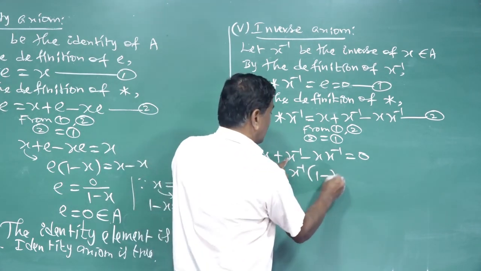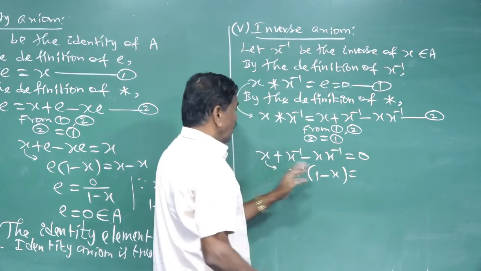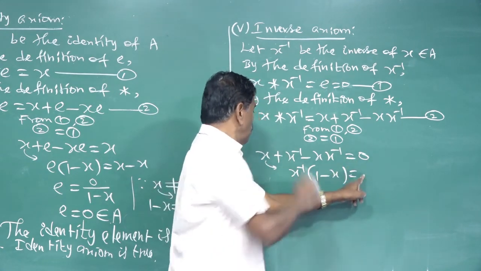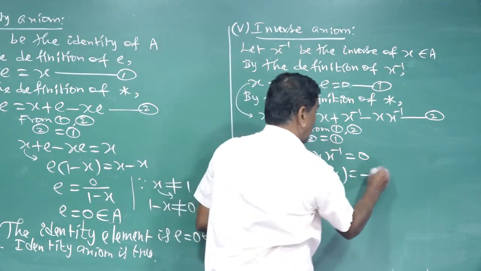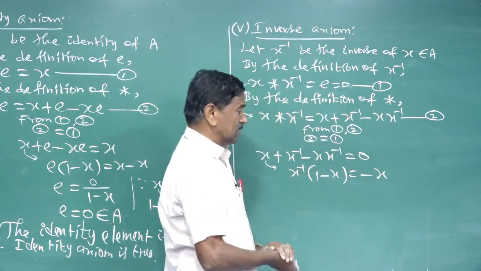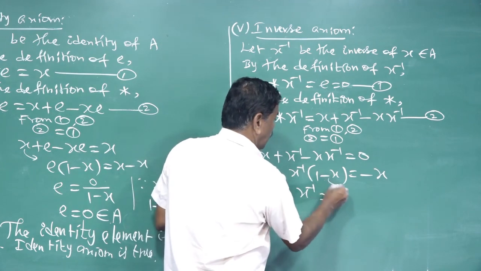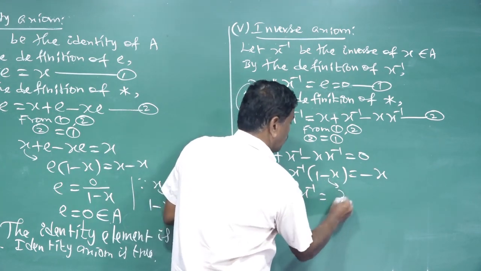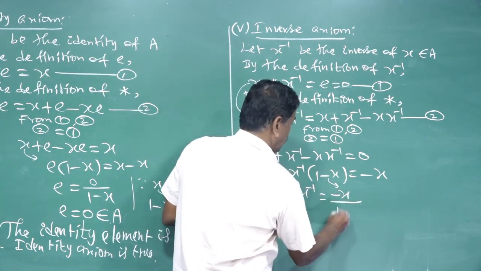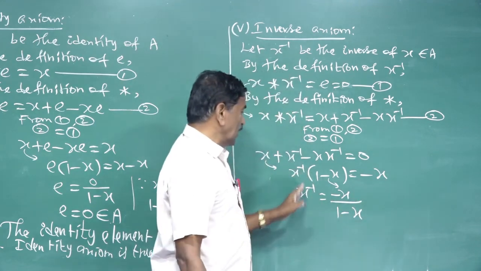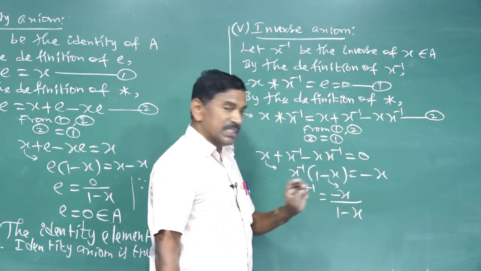Yes, 1 minus x, which is equal to 0 minus x, that is minus x. Now remember, the bracket goes to the right and becomes divided. So x inverse is equal to minus x by 1 minus x.